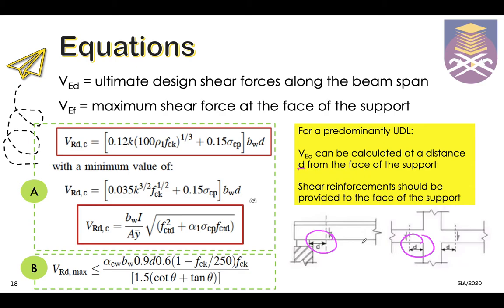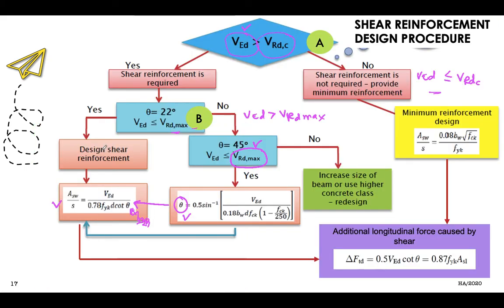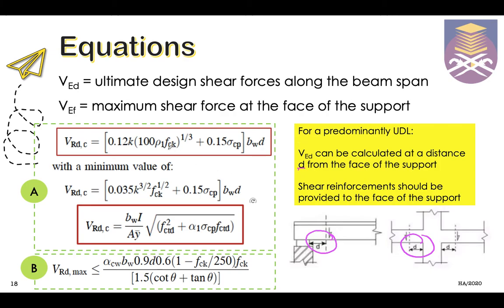Then we have the equations. So these are the equations that have been mentioned in the flow chart. So we have VRDC in this part A. Then we also have this equation for part B, which is for VRD max. So VRDC, you can see that we have these two equations. So you need two equations for VRDC.